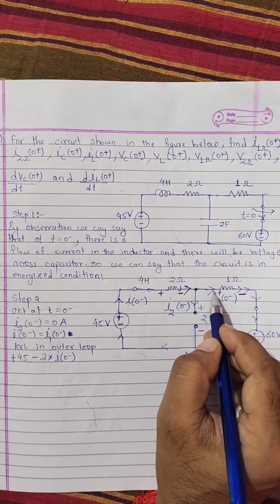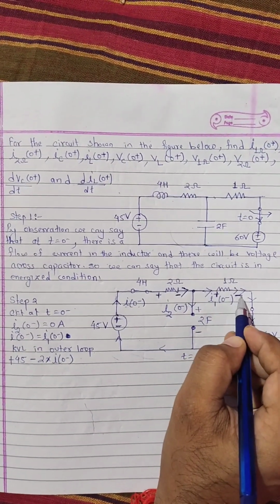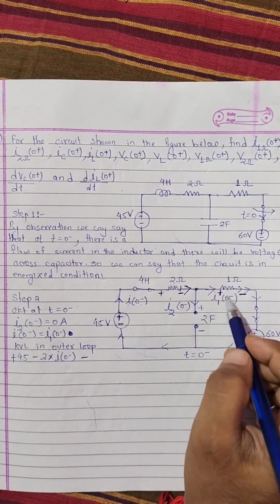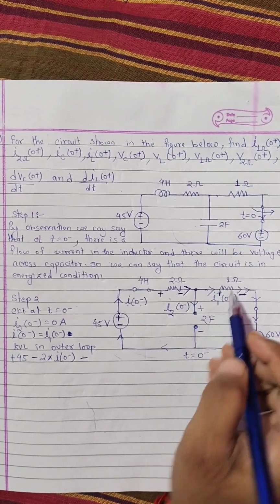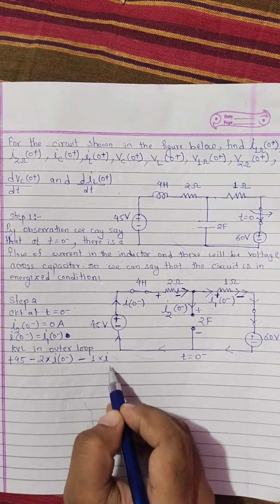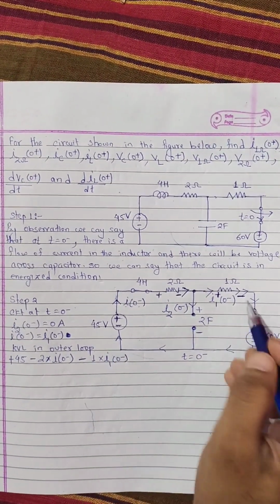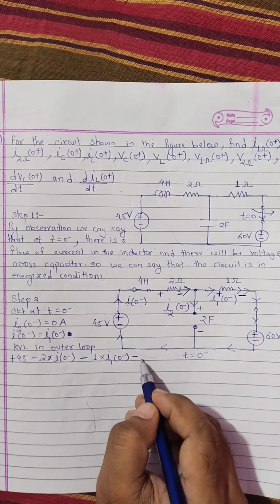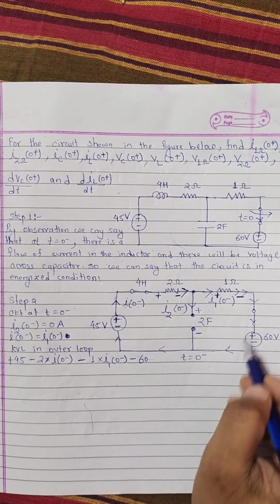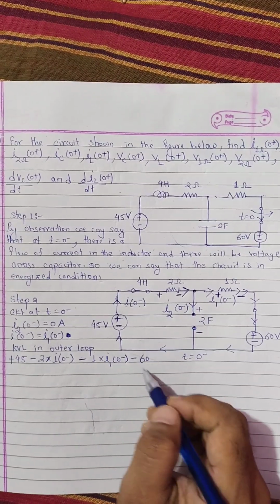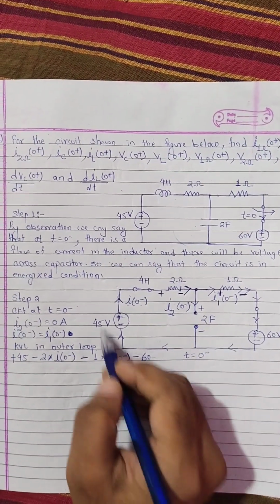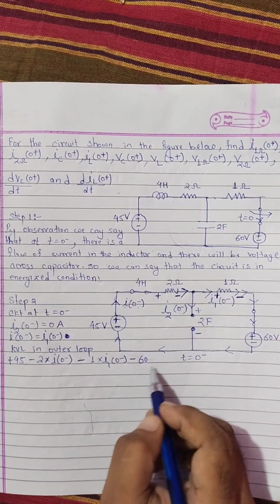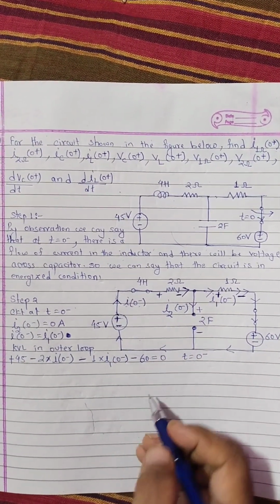Similarly, the drop in 1 ohm is minus 1 into I10 minus. Similarly, moving from plus to minus, this will be minus 60 volt, the value of this voltage source is 60. We have written the KVL in this path, and there is no other element in this closed path, so it equals 0.